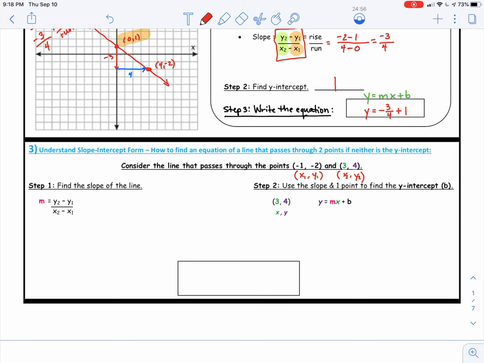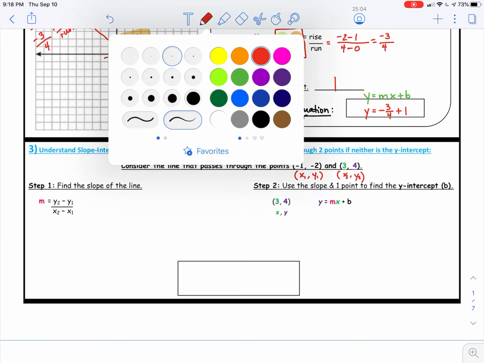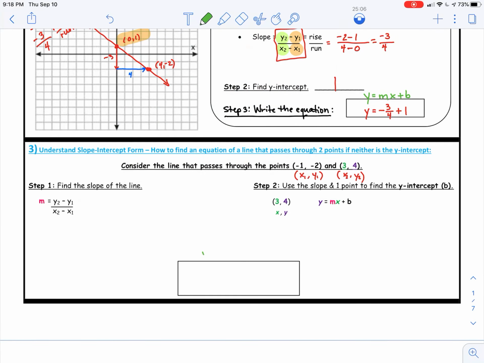Okay, so the first thing we need to do here, and we're not going to graph this, we simply are going to figure out the y equals mx plus b format at the bottom here. You can write that right here, y equals mx plus b. So in the end, we're going to figure out all the parts that are needed to write the slope-intercept form for these 2 points when that's all the information we have.